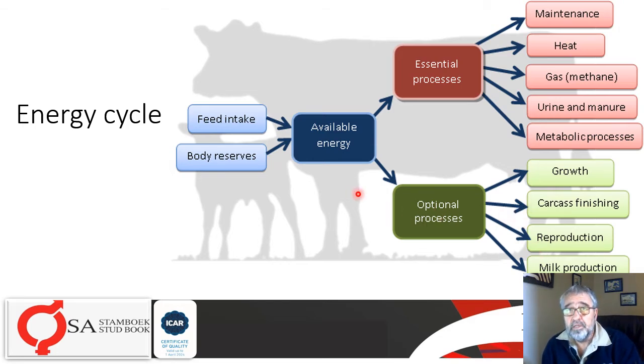But a more adaptable animal to the environment will need less energy for the essential processes, because they don't have to put extra effort into being able to survive, and that would then leave more energy available for the production processes. So in principle, when we select for all these traits, or this trait group, it means that those animals that do better in these trait groups are obviously better adapted, because they are able to reduce the energy needed for these processes.